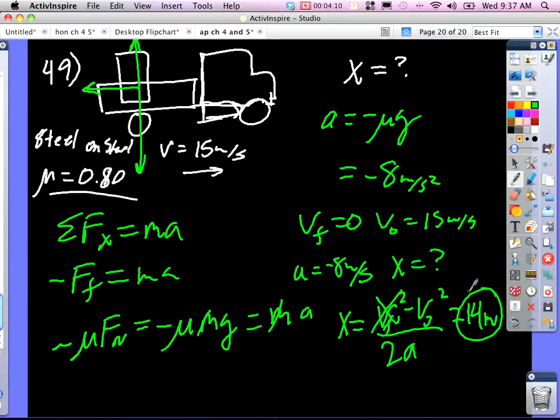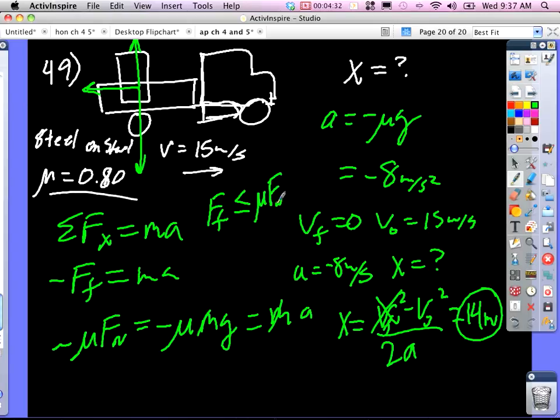So basically, how do you get the friction force equal to negative mu m g? Because f of f is mu f sub n. I just substituted. On your formula sheet, doesn't it say this? F sub f is less than or equal to mu fn.